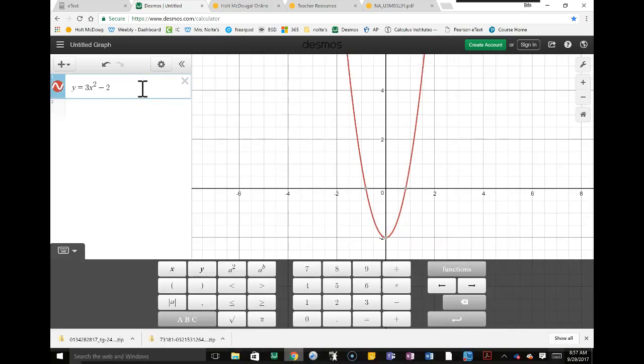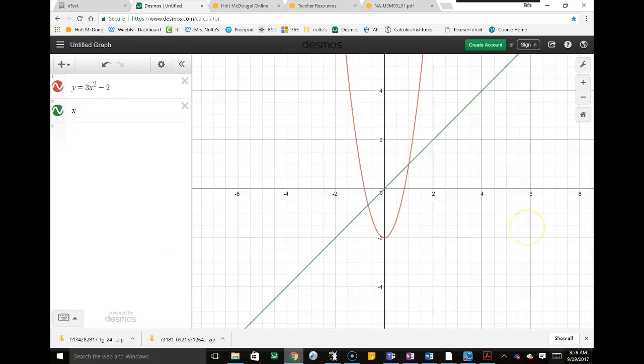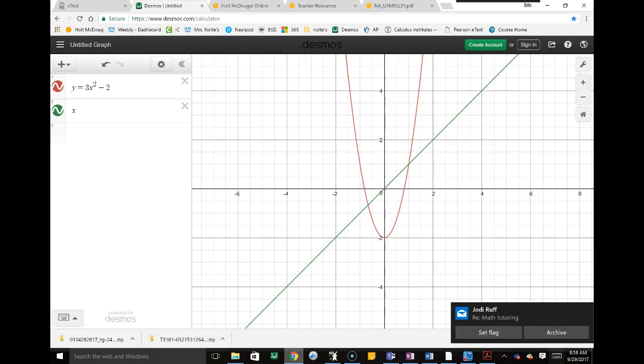So let me draw the y equals x line. So is anybody able to visually see the reflection that this inverse function is going to make? Can you draw it fairly accurately?